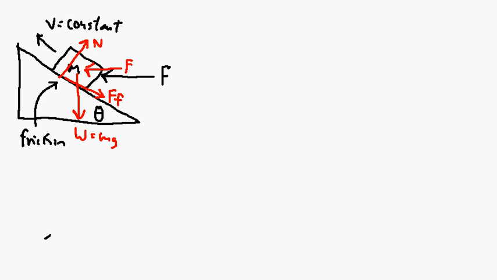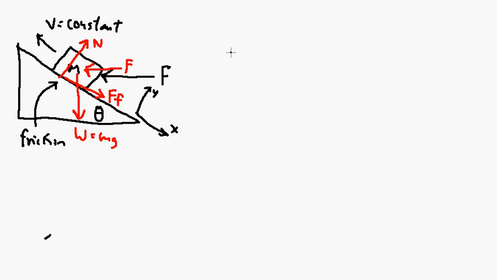So let's go ahead and draw our free body diagram now and show the forces acting on this and where they are. First, we do want to set up a coordinate frame. So again, we're going to use slope coordinates. It's really up to you which one you think is easier, but here it's going to be moving this way, so it's going to be easier to use slope coordinates.